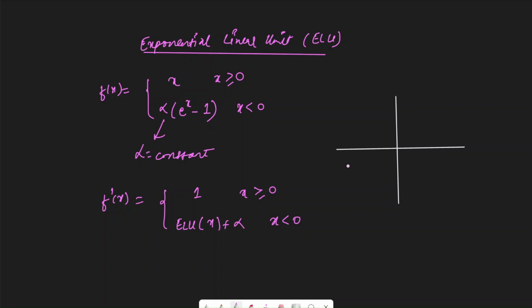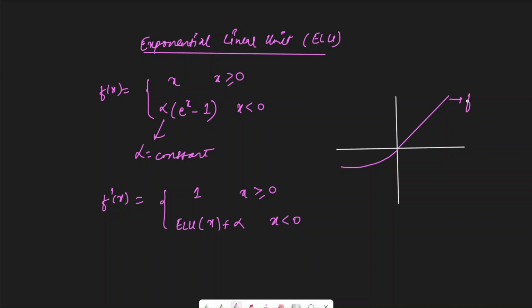So the ELU function would look something like this, because it is a logarithmic function. It will have a curve like that over here instead of being a straight line or a linear function, and then a straight line in the positive region.